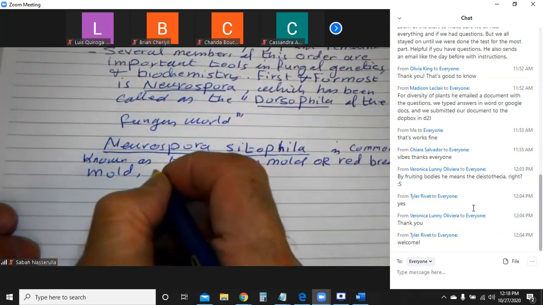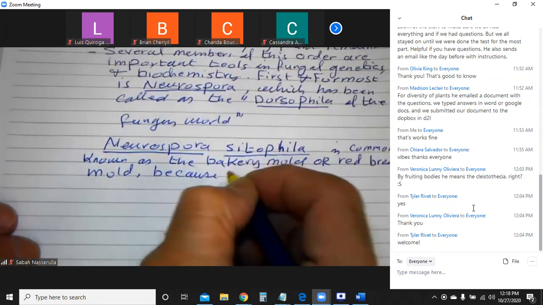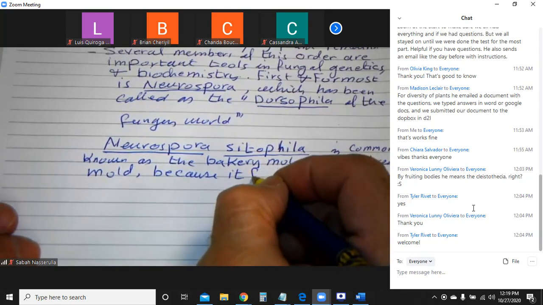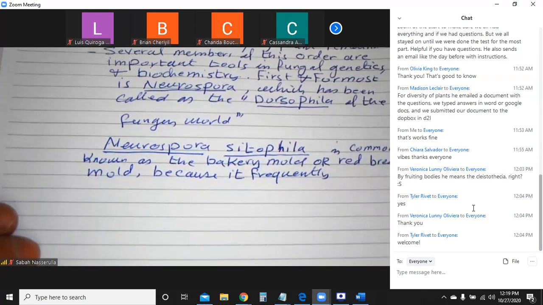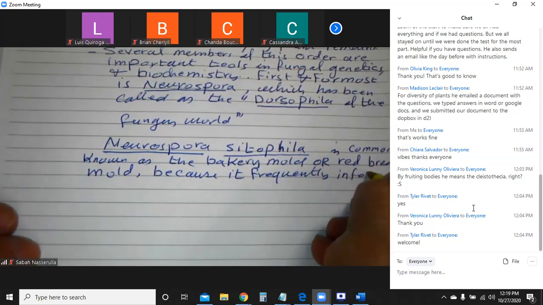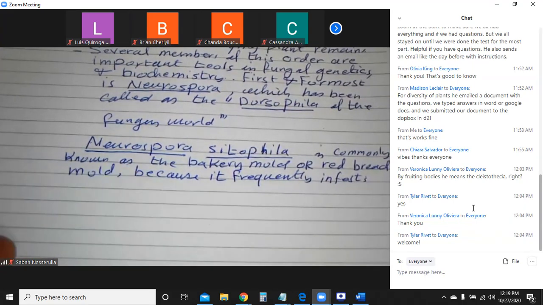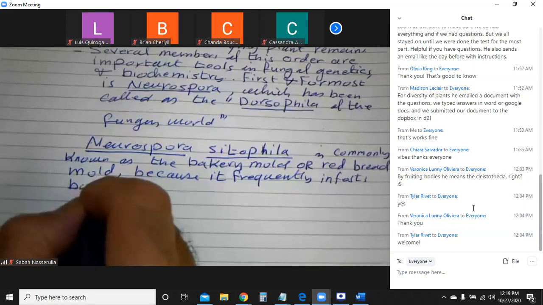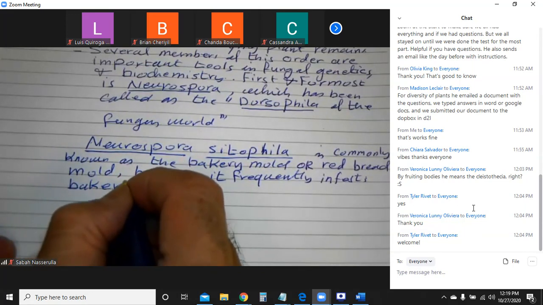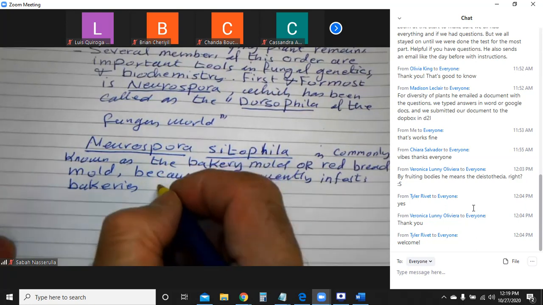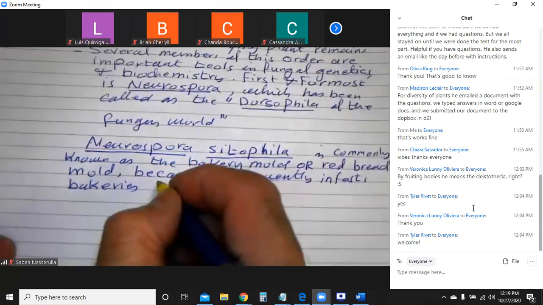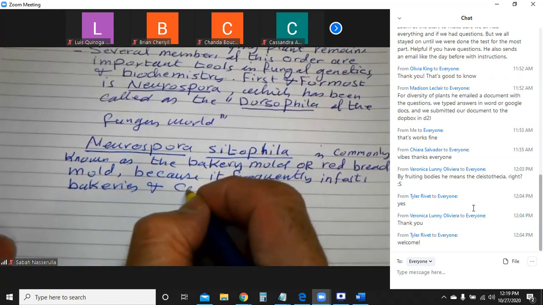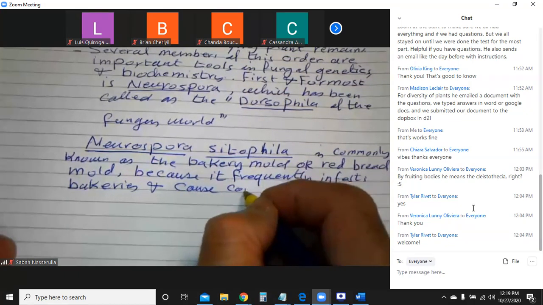As I mentioned, it frequently infests bakeries, and of course, once they infect, they cause considerable damage.